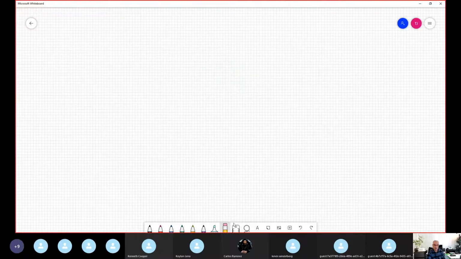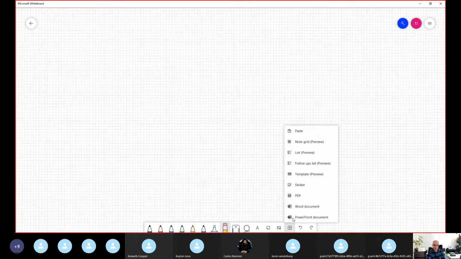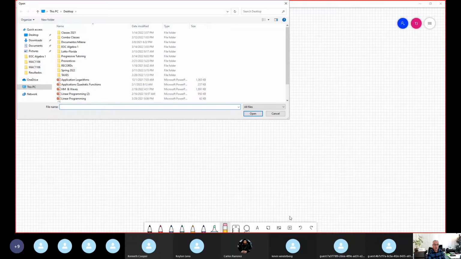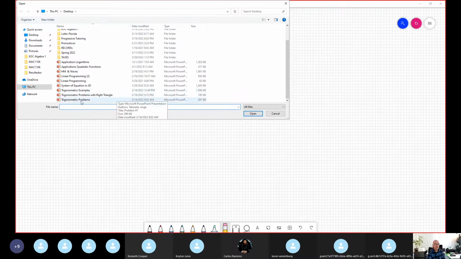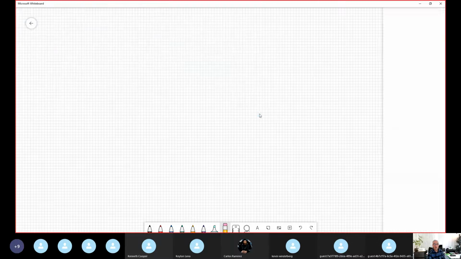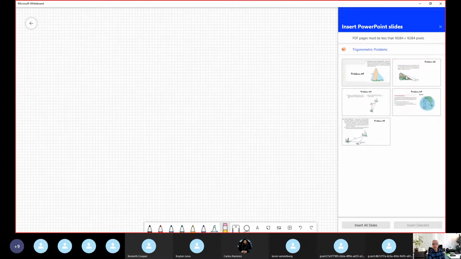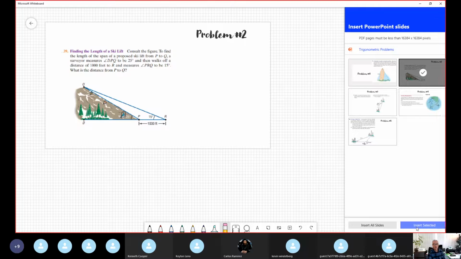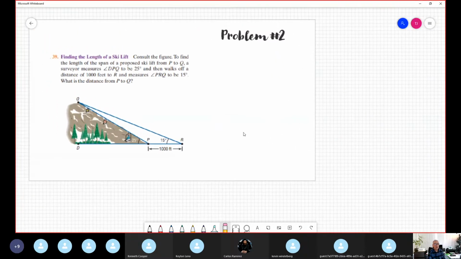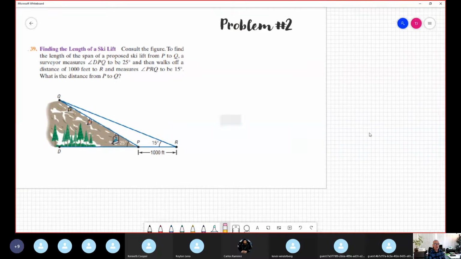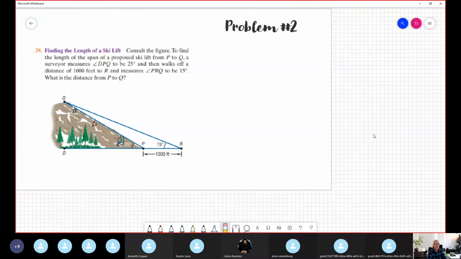Let's do the second problem. The second is talking about a ski lift, finding the length of the ski lift.